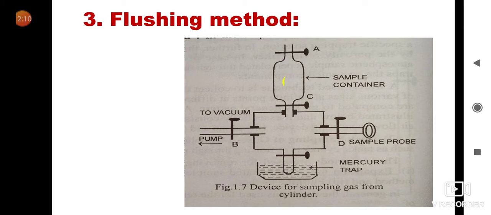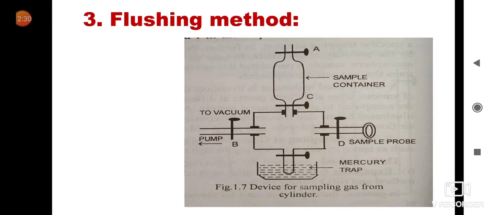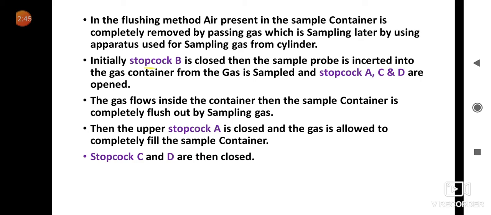For that purpose, initially stopcock B is closed, totally closed. That means stopcocks A, C and D will be open.